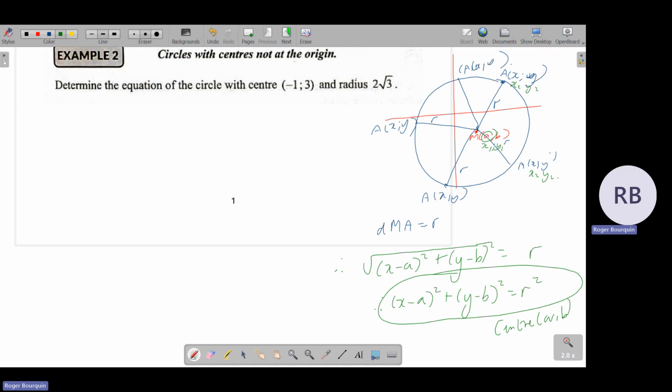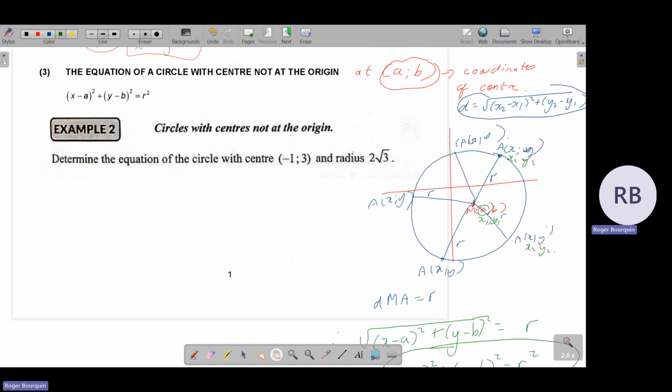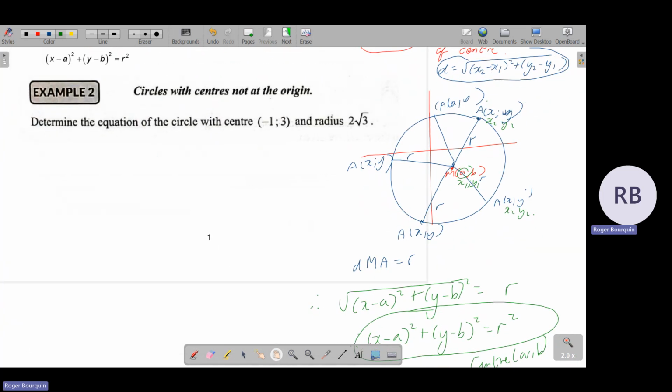Okay. So over here, we'll have a break soon. It says here, determine the equation of the circle with center minus 1, 3 and radius 2 root 3. So when you're asked to find the equation of a circle with center not at the origin, you go to your formula sheet. It is right at the bottom of the first page.